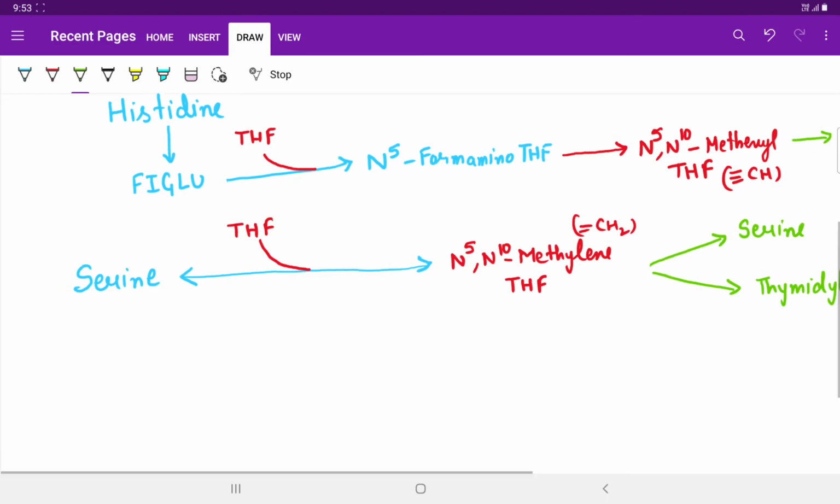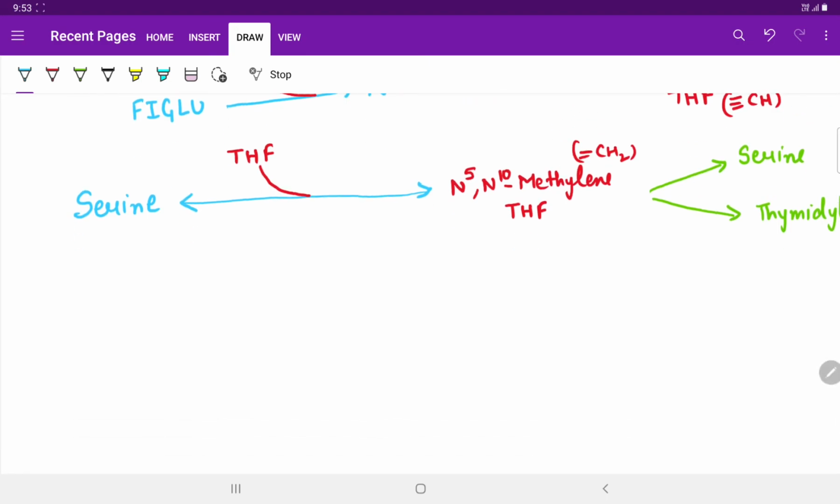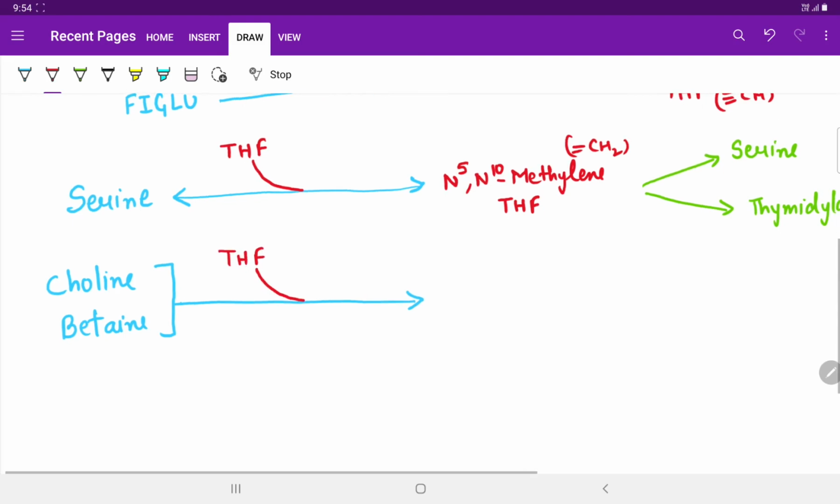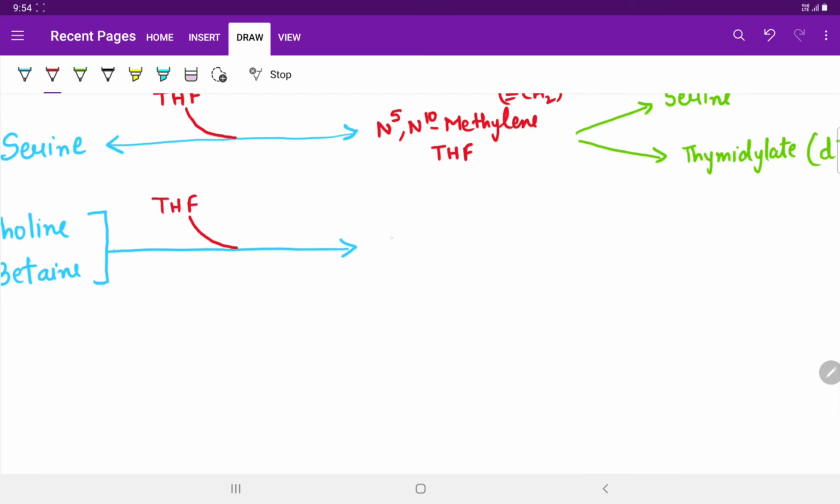Now another important reaction is with choline and betaine. Now these two moieties along with THF tend to form N5 methyl THF.